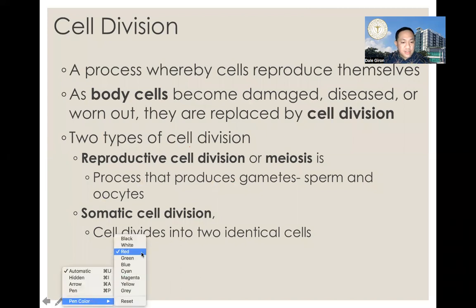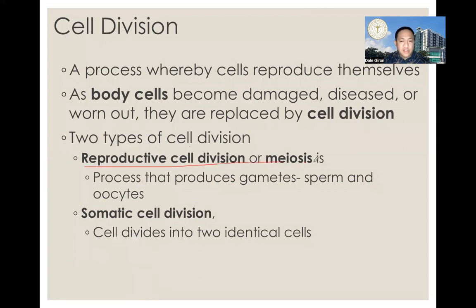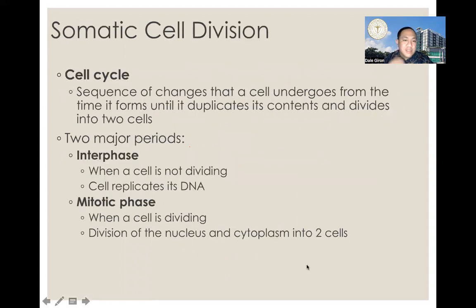The first one is the reproductive cell division or meiosis. It is a process that produces gametes, those are your sperm cell and your oocyte. The somatic cell division, on the other hand, is where the cell divides into two identical cells. Usually, these are the cell division per se.